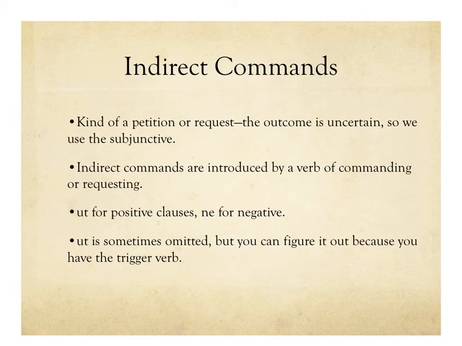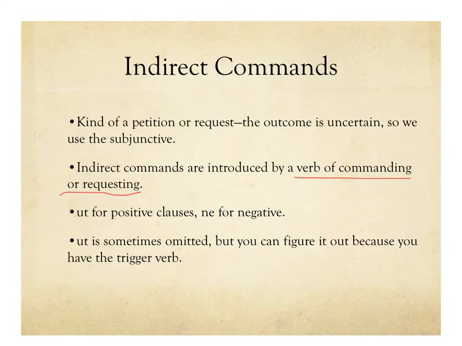Let's look at indirect commands first. You might think of indirect commands as more like a kind of petition or request rather than an order. And because, as I said, the outcome is uncertain, we use the subjunctive. So they are always introduced by a verb of commanding or requesting, and that's always a tip-off. If you see a verb like that in your sentence as the main verb, you might think to yourself, aha, I probably have an indirect command coming up.